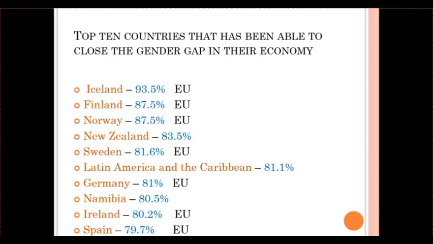The top 10 countries that have been able to close the gender gap in their economy, rather. So the World Economic Forum also listed 10 countries whereby they were able to close the gender gap in their economy.